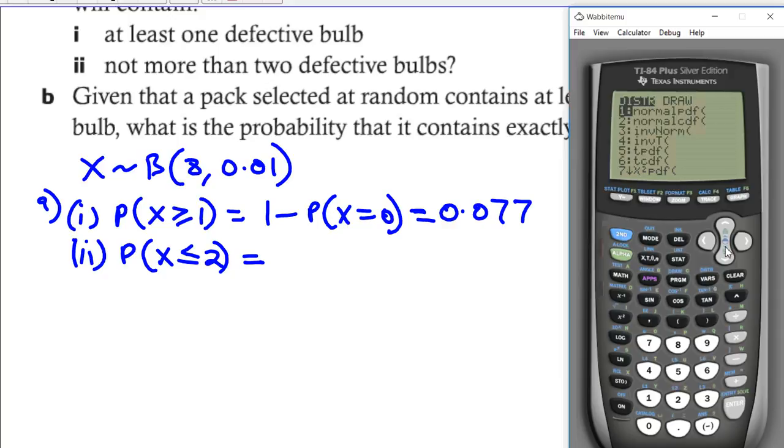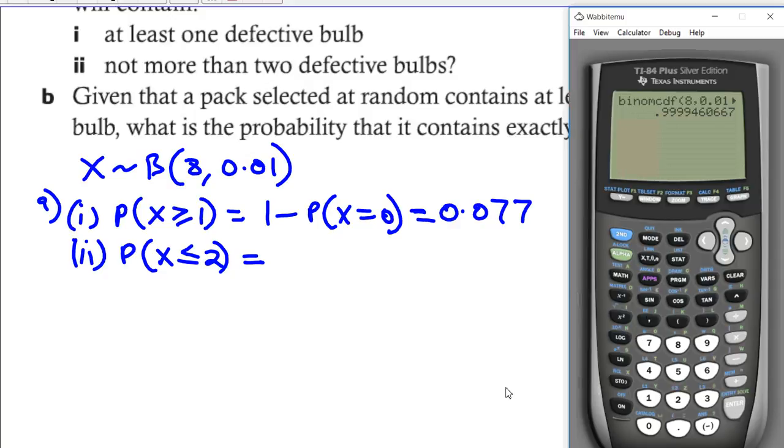Look for the binomial distribution, cumulative probabilities, because you're looking for X less than or equal to 2. That will be X equals 0 plus X equals 1 plus X equals 2. So those are cumulative probabilities. Number of trials 8, probability of success is 0.01. Cumulative probabilities up to X equals 2, and then you'll get your answer.